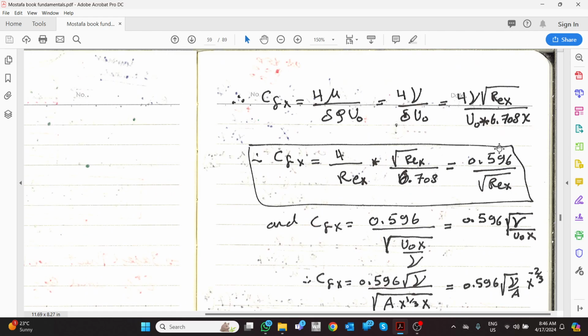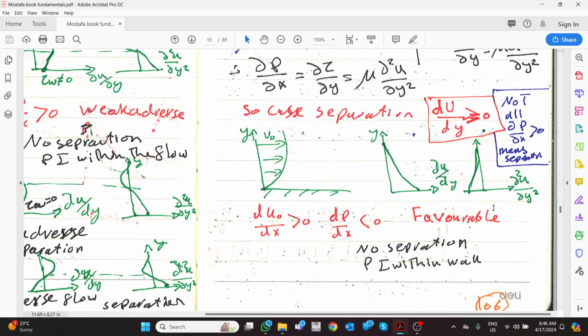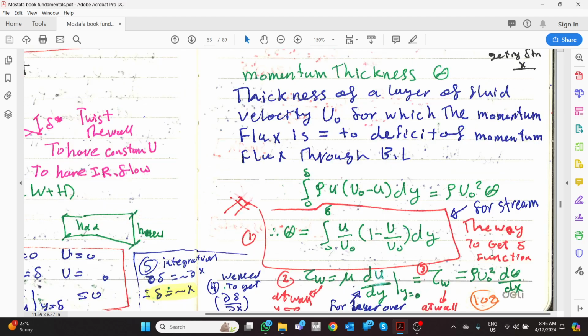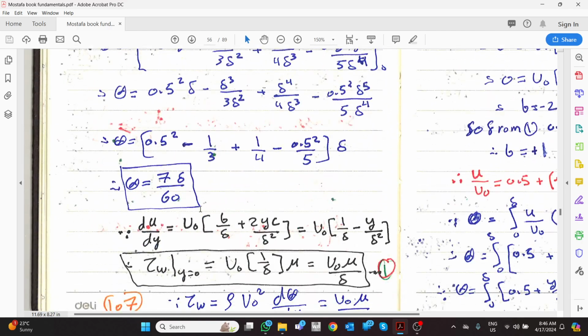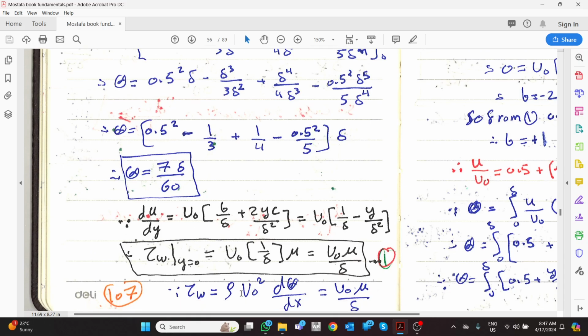But we cannot continue and write the equation with the same procedure which we discussed, like mu du by dy is equal to d theta by dx, like what we did here. In the example, when you have du by dy, you knew du is u naught minus 0 and dy is delta minus 0, so it is u naught over delta.